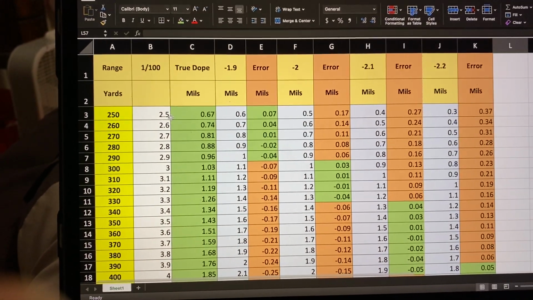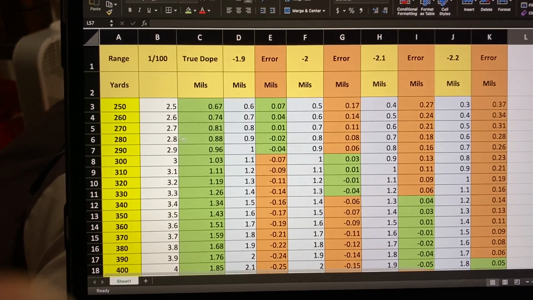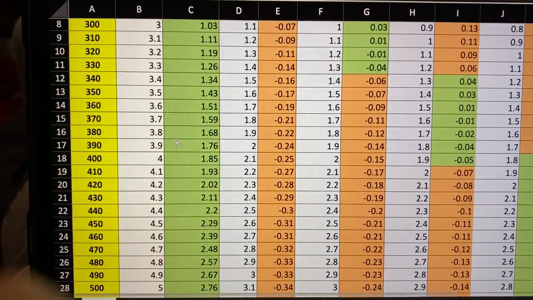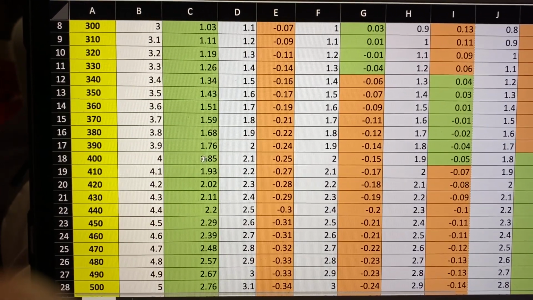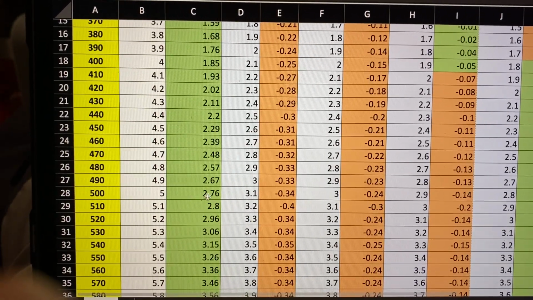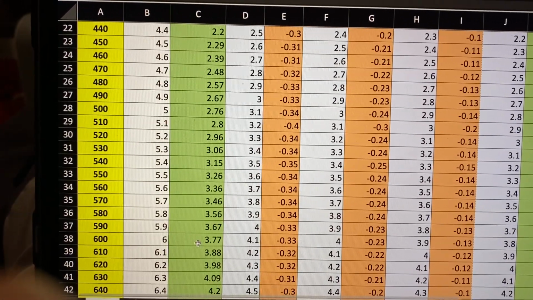Anyway, just to make it quick, where I started is that I noticed a relationship between 400 yards was 1.8, 500 yards, pretty close, about 2.8, 600 yards, 3.8.